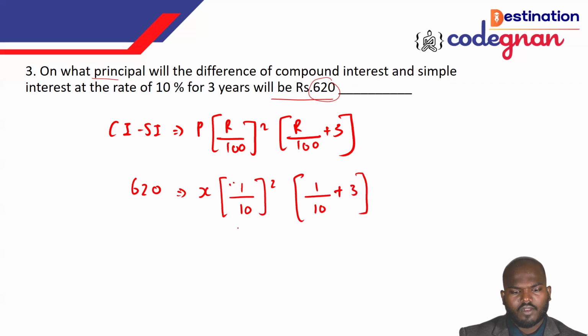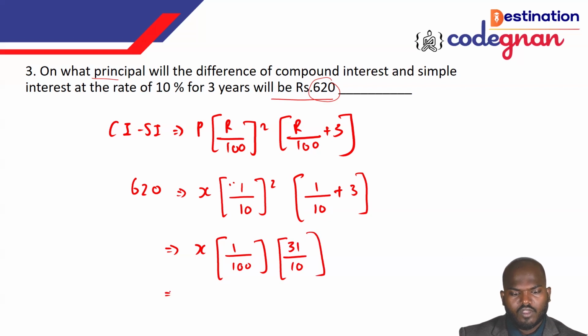So X is equal to what? 1 by 10 whole square is 1 by 100, and this side it will give you 31 by 10. So 31 by 10 you will get. If you take the cross multiplication and multiply both of them, it will give you 31x by 1000 equals 620.